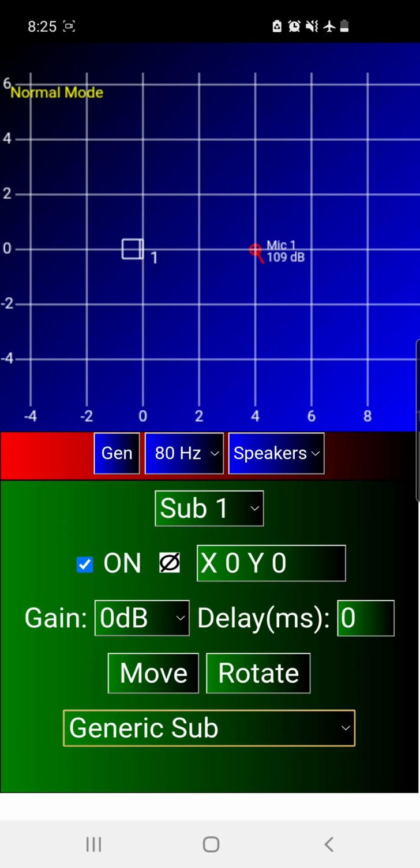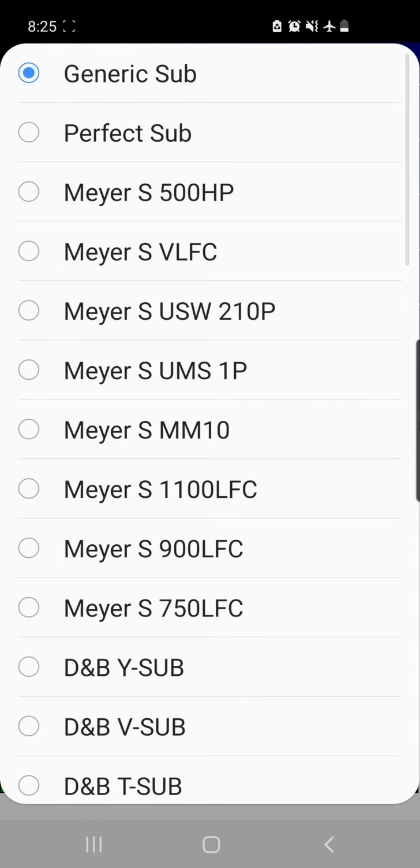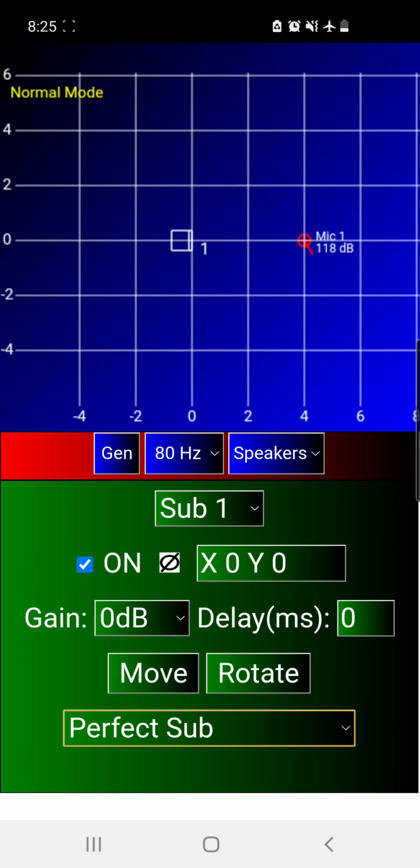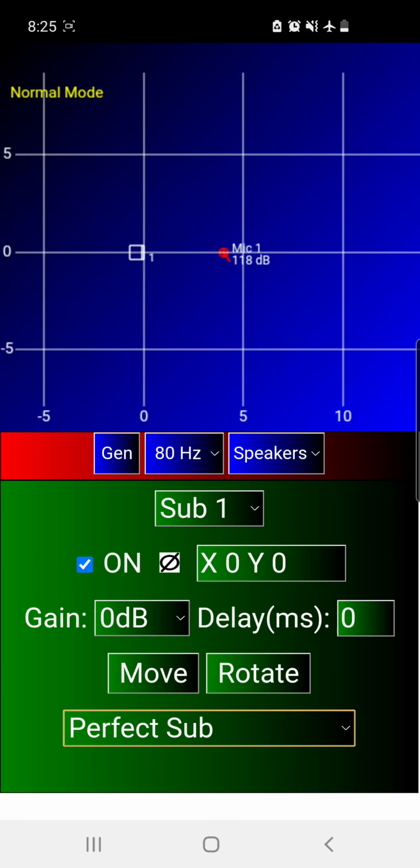I'm here to talk a little bit about why this new model that we add to the library is important: the perfect sub. The perfect sub is something very simple and very impossible. This doesn't exist in reality.